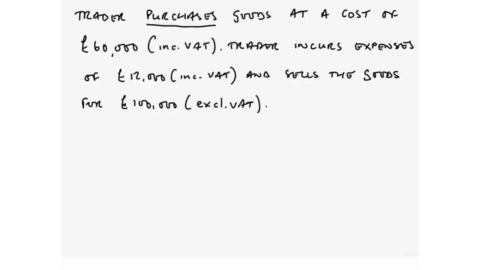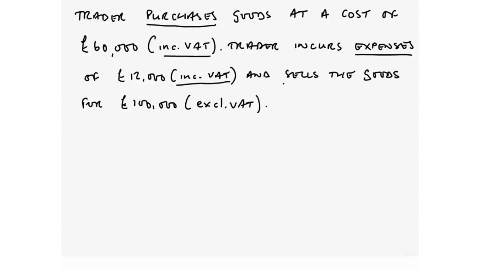So we've got purchases that we've suffered input VAT on. We've got expenses that we've incurred that also we suffer VAT on. Here the expenses are £12,000 including VAT. So the suppliers of goods have invoiced us at costs of £60,000 and the suppliers of those services have invoiced us for expenses incurred of £12,000, all of which are of course inclusive of VAT.